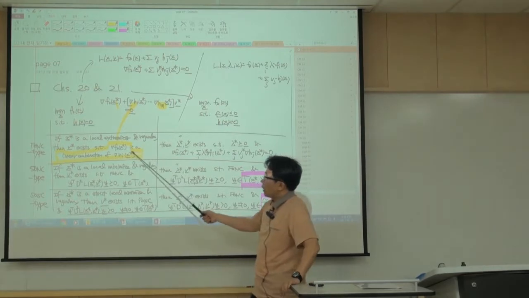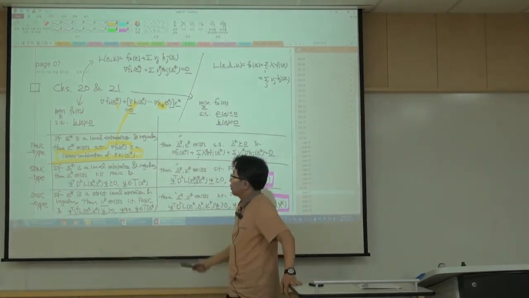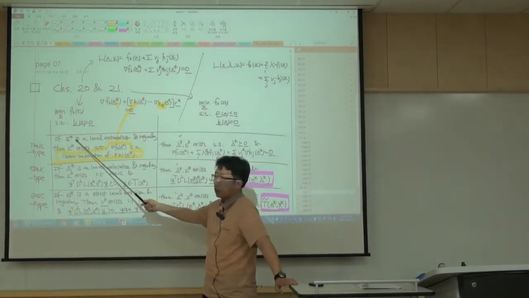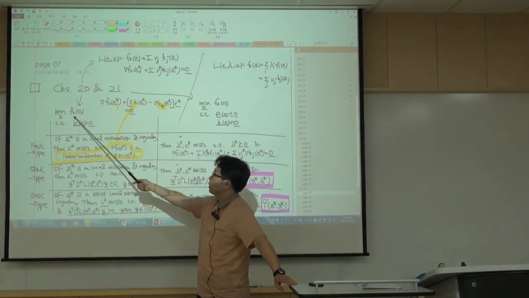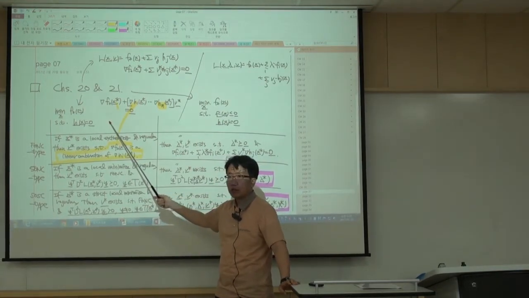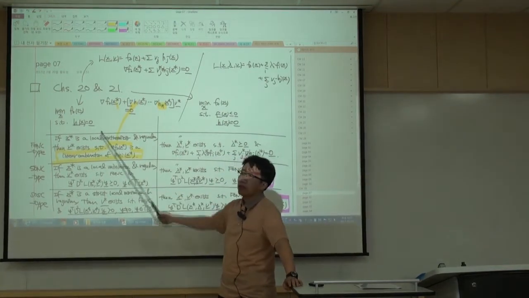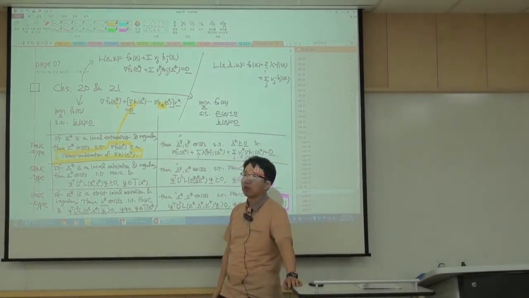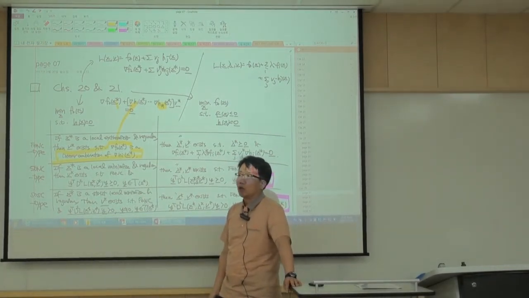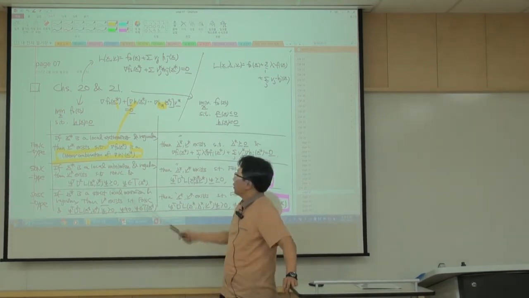So here the first theorem looks like this. Suppose that x star, which is of course feasible, meaning that it satisfies this equality constraint, is a local extremizer, which means that it could be a minimizer or a maximizer, or actually none of that.